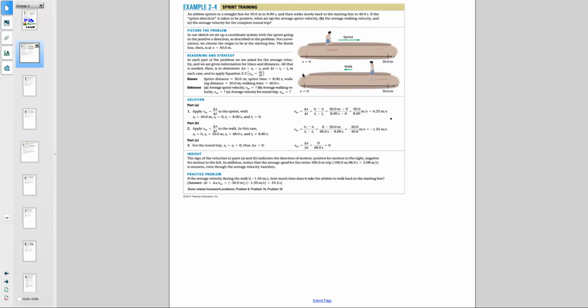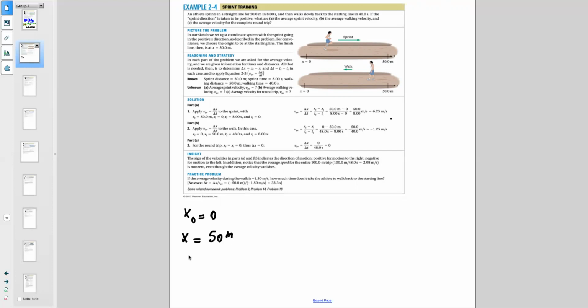So what we know is that the distance, initially it was 0, and then final is 50 meters away.